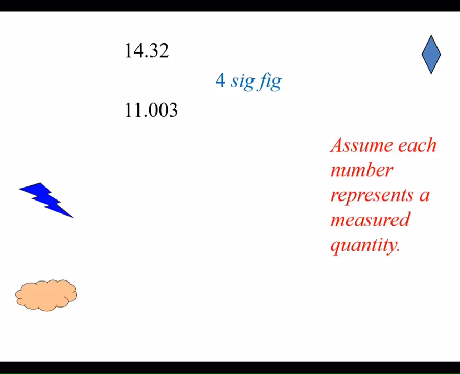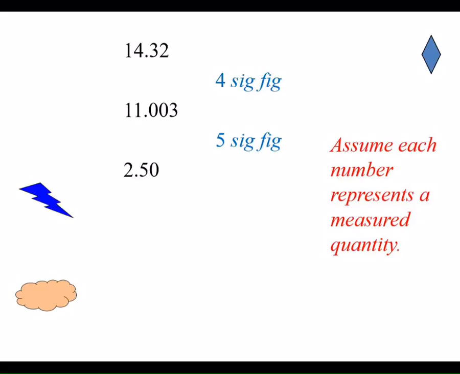So here we have some zeros. I'm going to go ahead and put check marks over the non-zero digits. Okay, those 3 are significant. And these 2 zeros are also significant. So that gives us, what, 5 sig figs? The next one, we also have a zero to worry about.